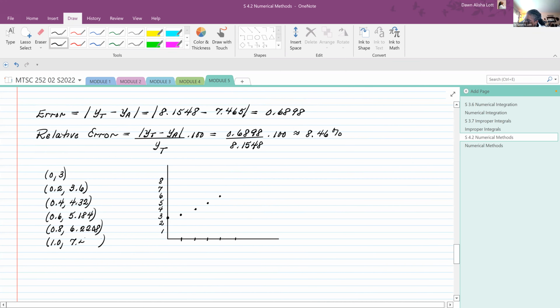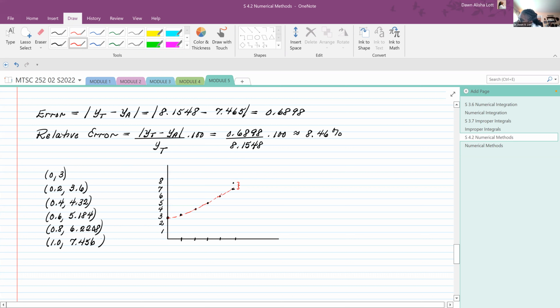So 7.465 is somewhere around here. And the true value, which is 8.1 something, is up here. So this is our error right there. And as you can see, this is actually an exponential curve.